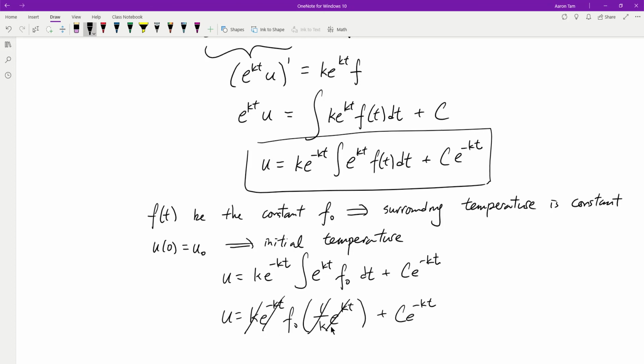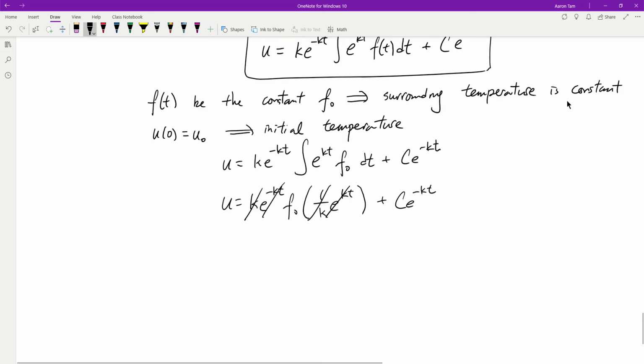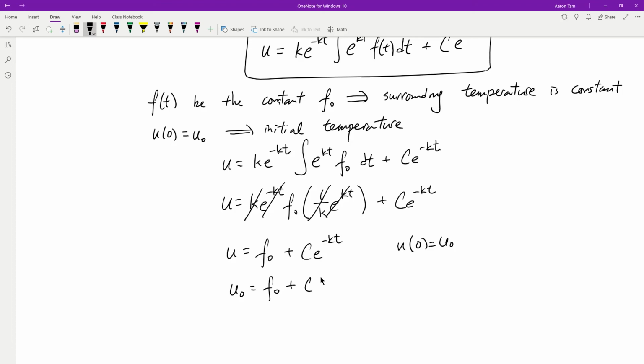These all just cancel out, and therefore leave you with this equation. And now if I plug in my initial condition, that tells me u sub 0 equals f sub 0 plus c times e to the 0, which is c, and therefore c must equal u sub 0 minus f sub 0. And now it becomes a much more familiar Newton's law of cooling formula.